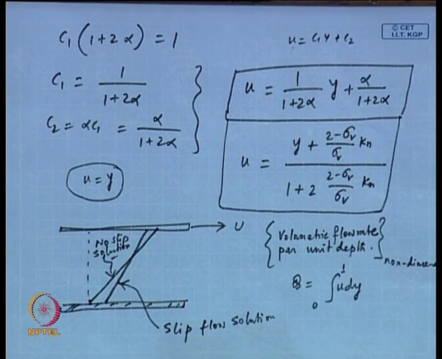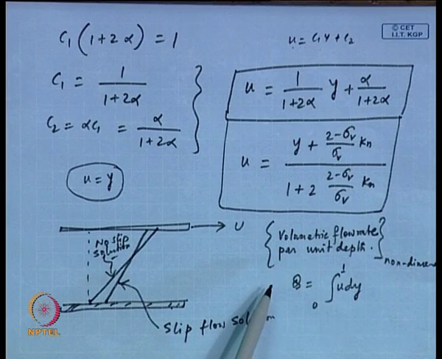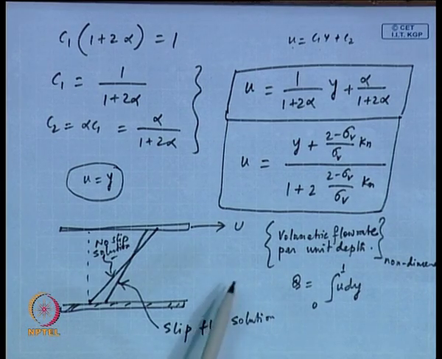That is the expression. You have one plate fixed, the other plate is moving, now this fluid that is pushed downstream, what is the volumetric flow rate per unit depth perpendicular to the paper? Okay. That we commonly try to find out.